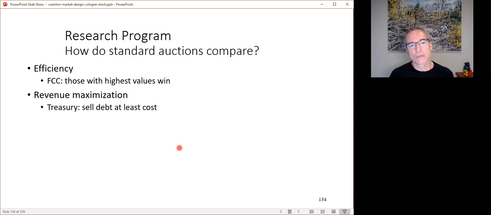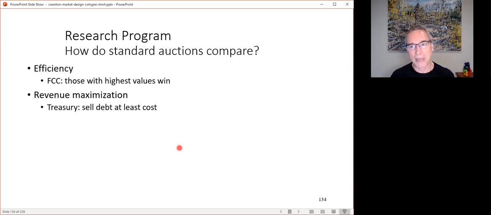Other times, revenue maximization is very important. For example, if I'm advising the Treasury on how they should do their debt auctions, then I would recommend that they follow cost minimization. They want to sell the debt at least cost, which is equivalent to the revenue maximization objective. So both objectives are important.